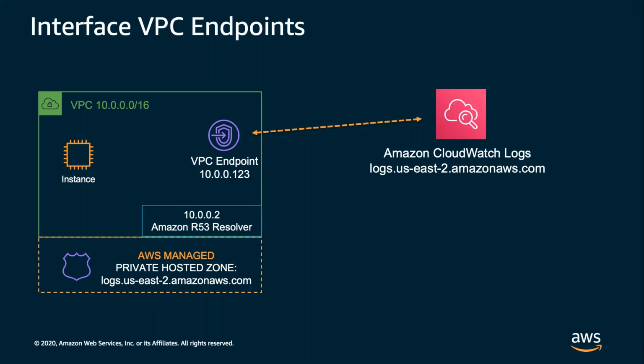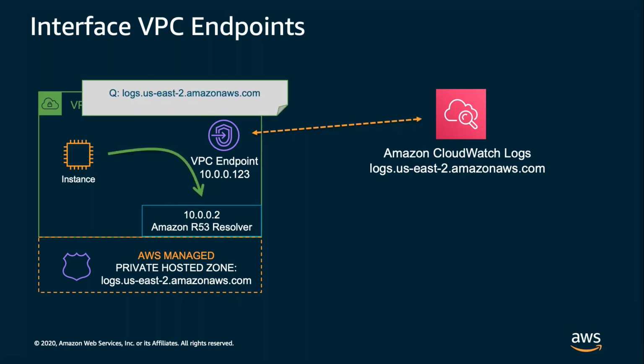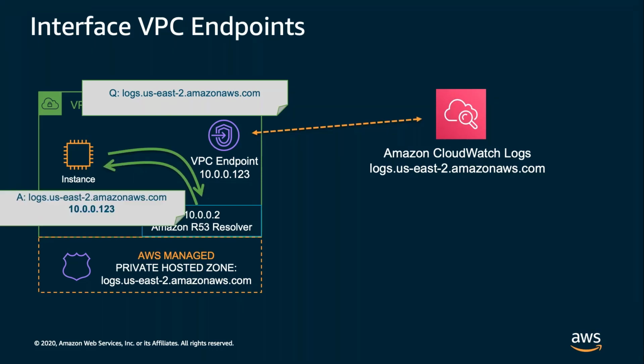Now when my instance queries the public domain name for CloudWatch, it'll get back the IP address of that endpoint. So I've provided access to a public AWS service through private IP addressing and don't need any path out to the internet at all. This greatly simplifies some infrastructure, and also removes the need for internet connectivity to access other AWS services.